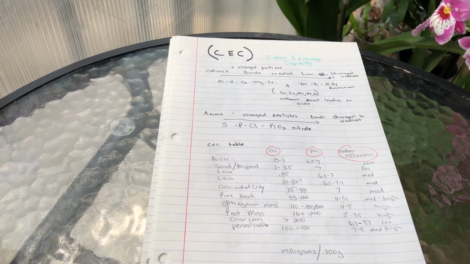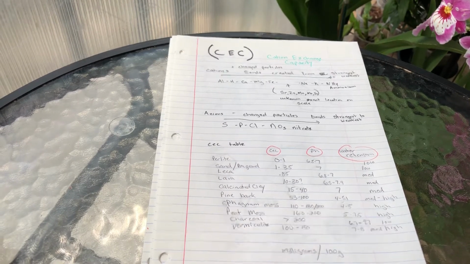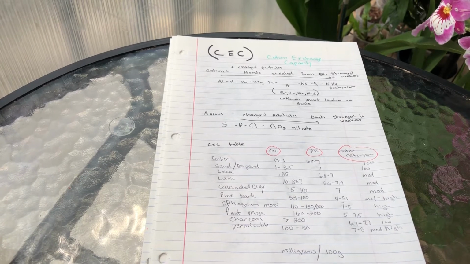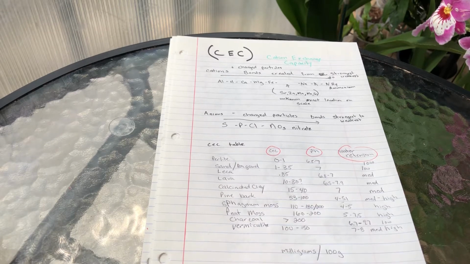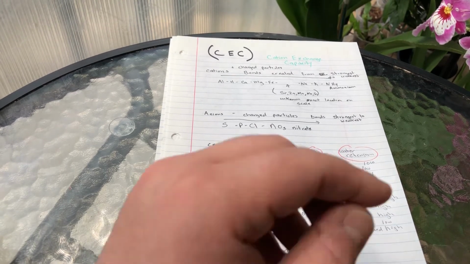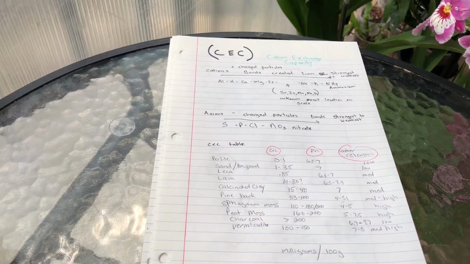Let's skip to bark and sphagnum, other things we use in orchid growing. Pine bark has a nutrient retention value of 53 to 100. Its pH could be 4 to 5, and it has medium to high water retention.